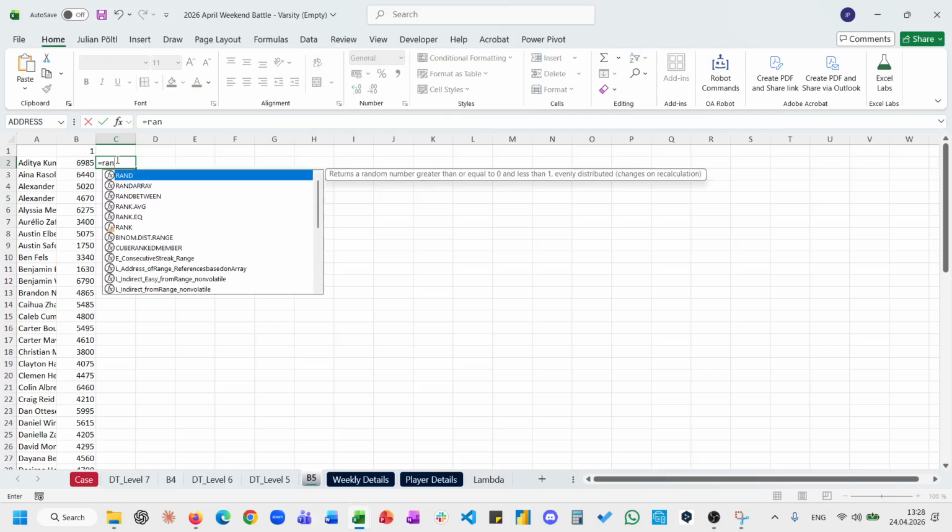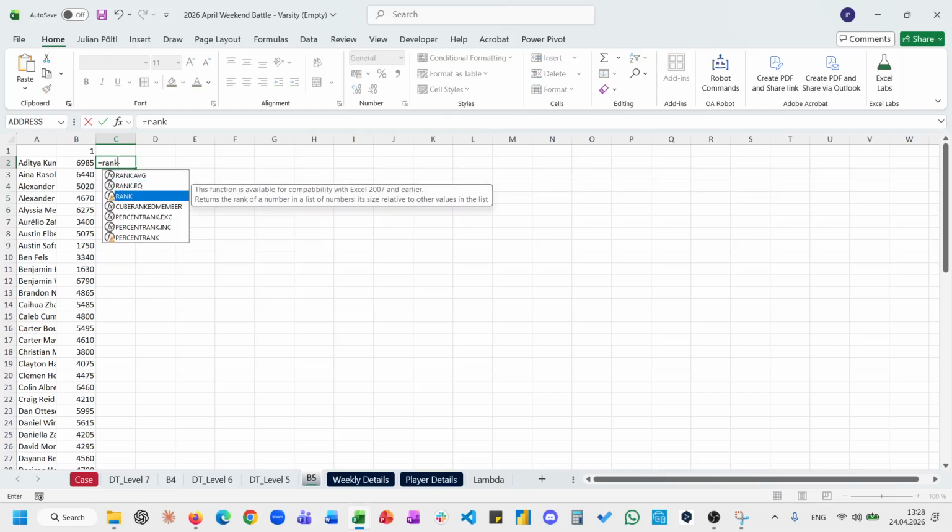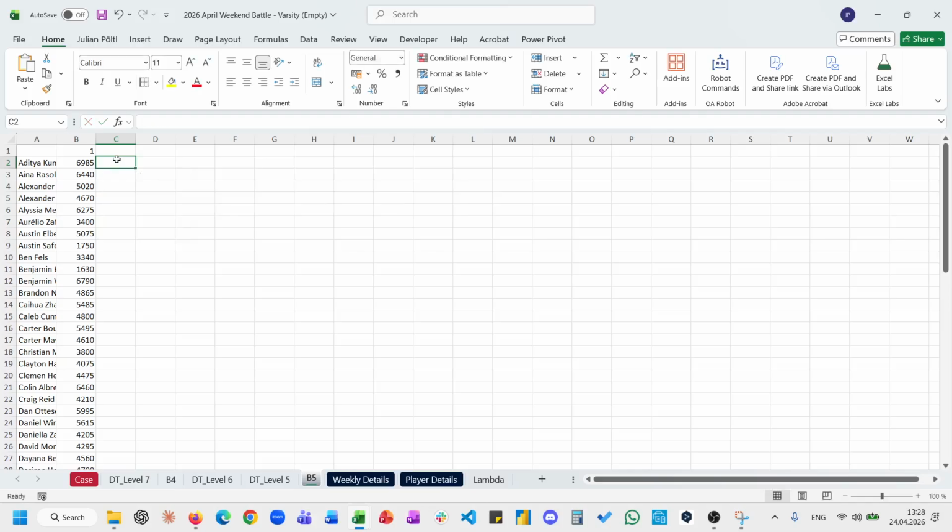I think there's the rank formula, but I never used it before, so yeah. XMATCH. So here equals 64 minus, or here we start with 64. This minus 7. Okay, 75.